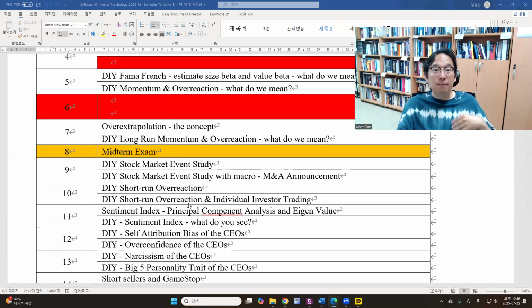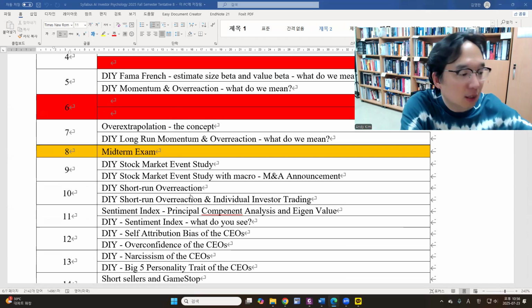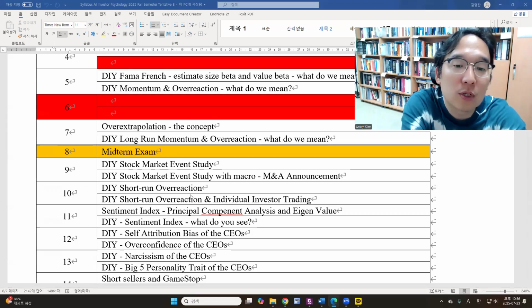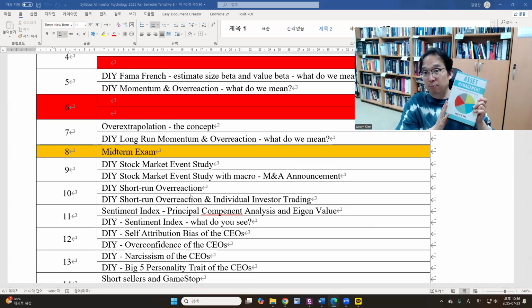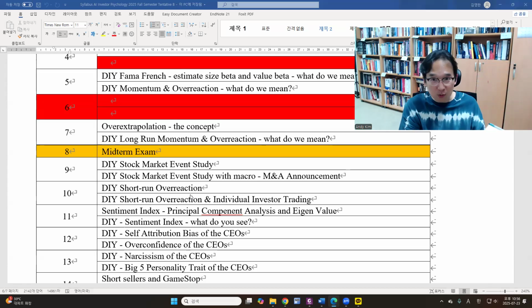We're going to go through those papers and talk about the key idea. Even if you don't go through those original papers, those things are described very nicely and are easy to understand in this book. So you can go through this book and summarize what's going on in that chapter.